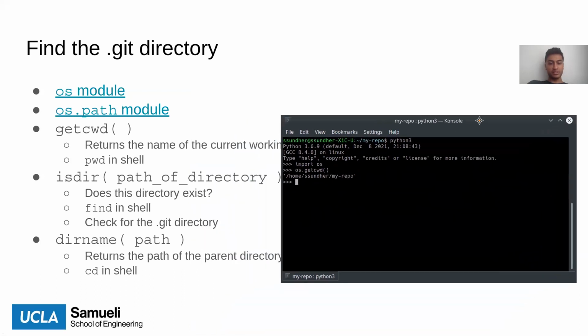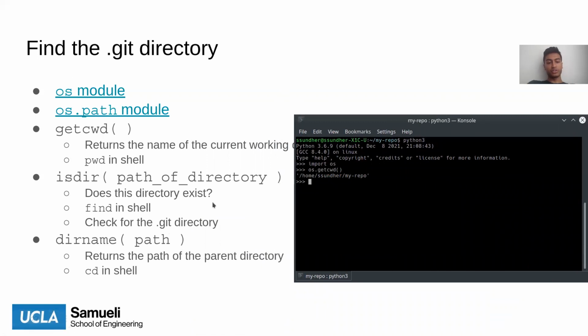So next is isdir. And isdir is how you're going to look for the .git directory. It's kind of like find in the shell if it only worked for directories. You basically input a path and it answers the question, does this directory exist? So for instance, I know that my repo exists because I'm inside it, but just to confirm, I can do os.path.isdir, and I can do /home.